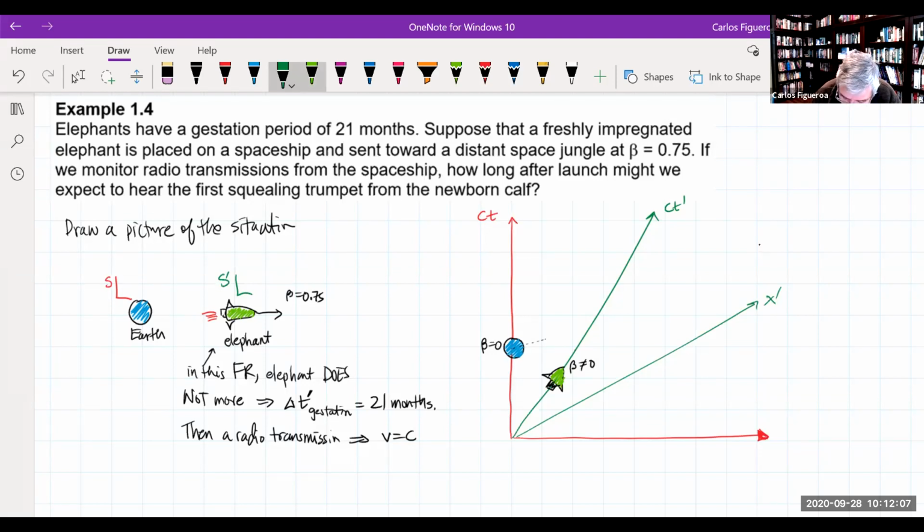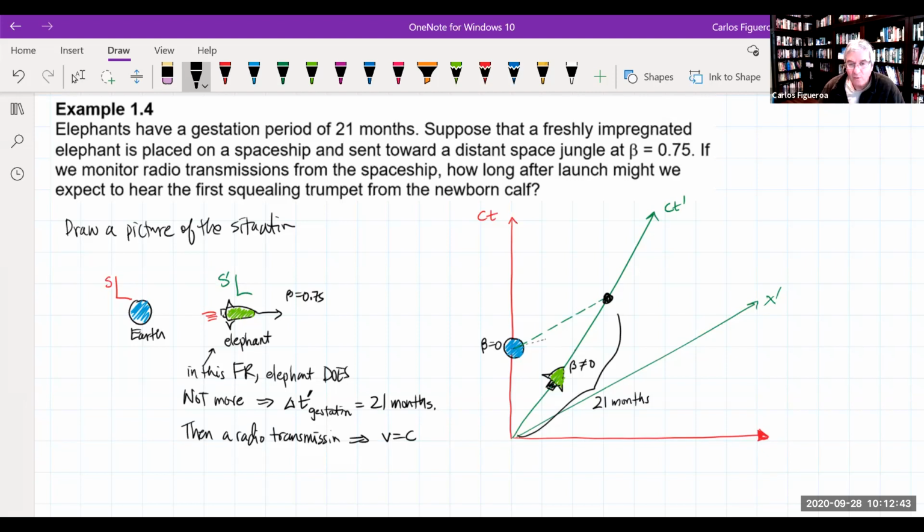I'm going to cheat here. I got to draw this parallel. Right, if I draw this parallel, I'm going to imagine that this is somewhat parallel. It gets to here. I look at this point right here. At this point, this tells me that if I measure from here to there, this is 21 months in the frame of the elephant.